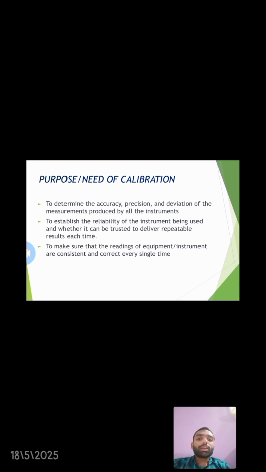And to make sure that the readings of equipment or instruments are consistent and correct every single time. These are all the important purposes or needs of calibration.